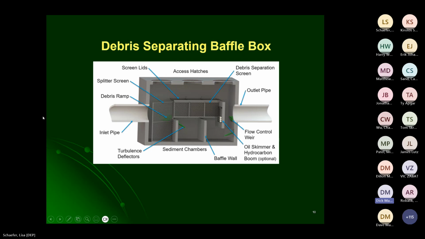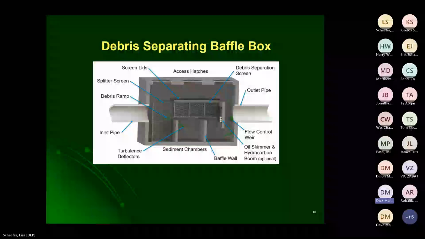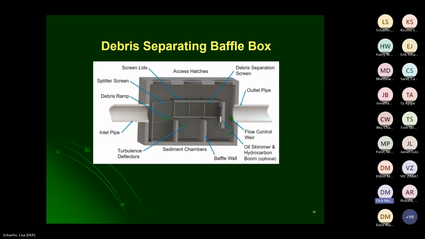basically certified in June of this year. But I just wanted to point this out to you to give you some kind of an idea as to how these things work. We usually have an inlet pipe and an outlet pipe, and I want you to be very, very careful to look at those because you'll notice they're in line, okay?